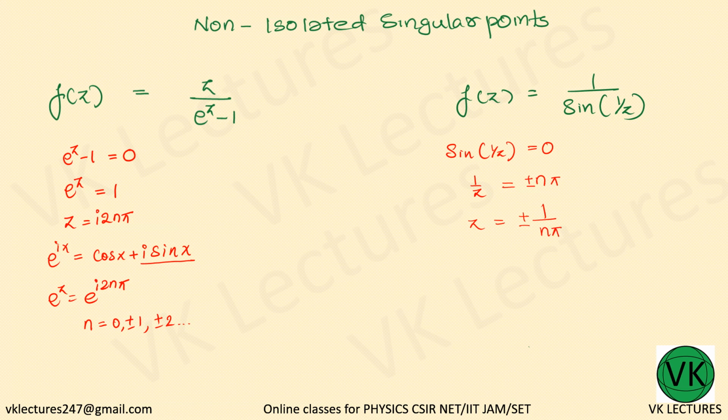And what are the values of n? n cannot be 0. If it is 0 it goes to infinity, so it cannot be 0. So plus or minus 1, plus or minus 2, plus or minus 3, etc. So this is what happens in non-isolated singular points.